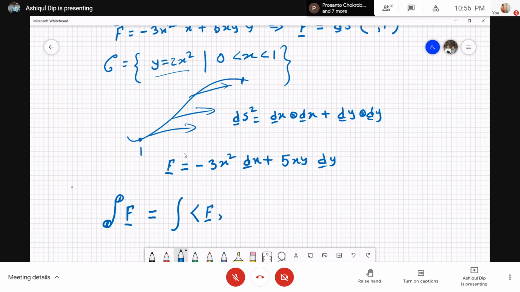They haven't given you a parameter, but you could choose x to be your parameter. Consider lambda as your parameter, then y equals 2 lambda squared, and x equals lambda. That is the parameterization of the curve.